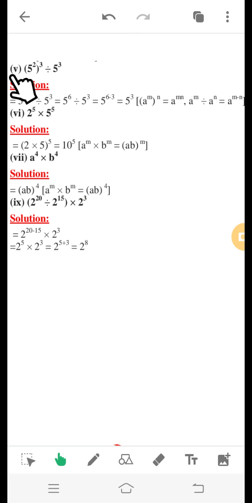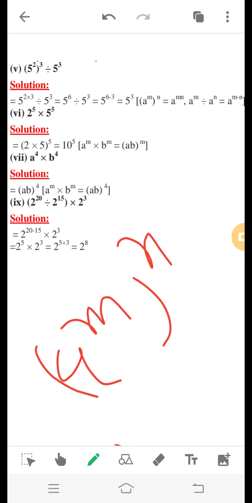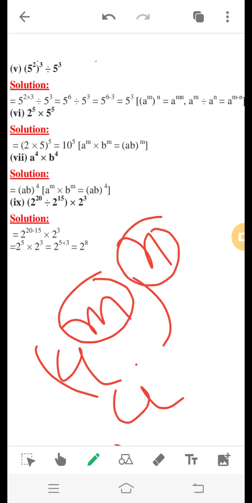Next one, (5^2)^3 ÷ 5^3. Now if there is (a^m)^n, we have to multiply both the powers, meaning a^(mn).